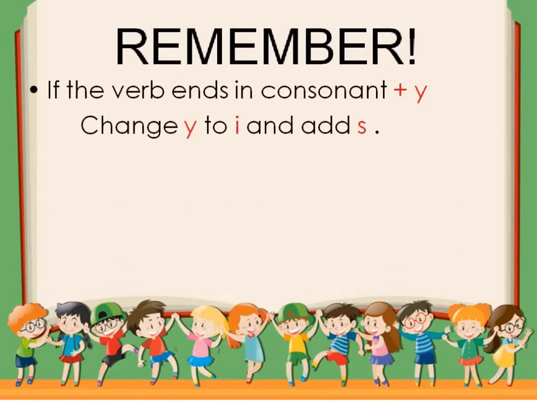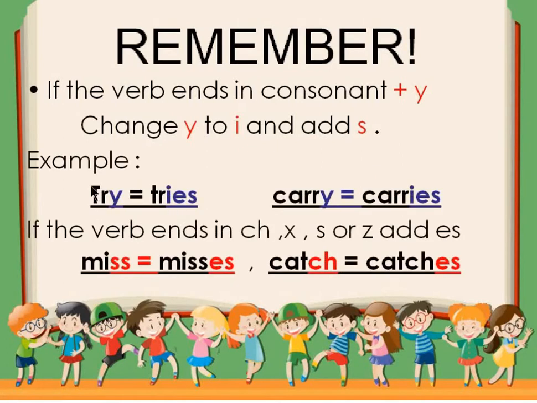Remember, if the verbs end in consonant plus Y, you're going to change the Y into I, then you will add an S. Example, try will become tries, carry will become carries. And if the verb ends in CH, X, S, or Z, you need to add ES. Like these words.